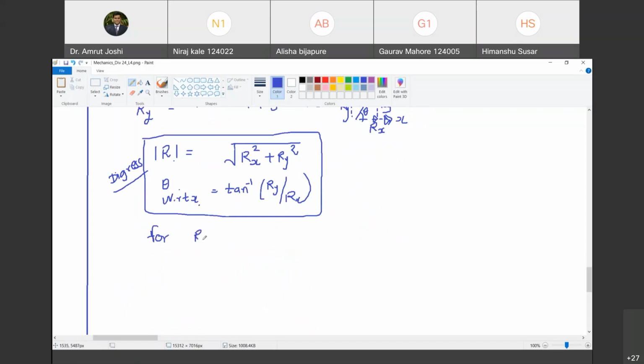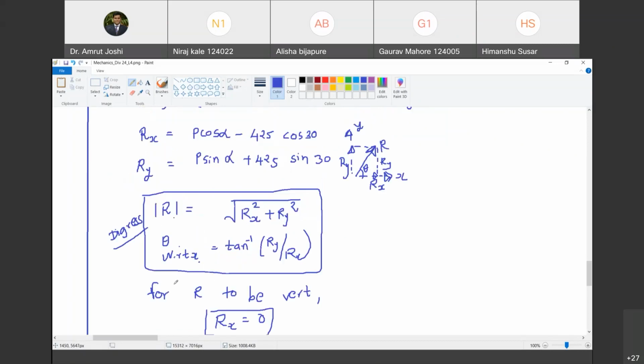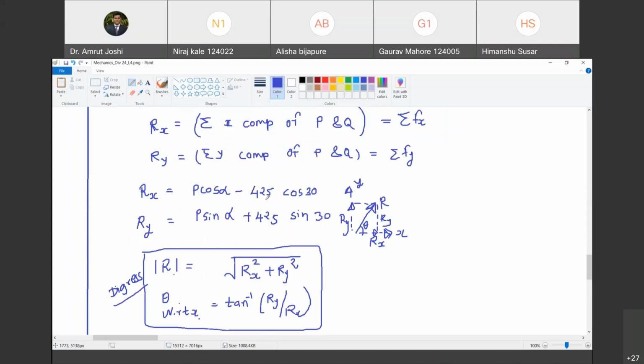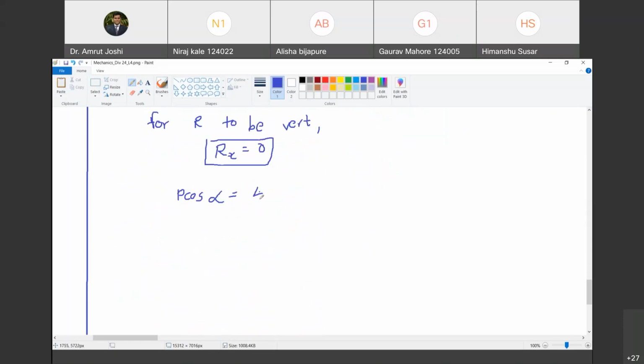For R to be vertical, Rx must systematically vanish. Rx must be 0. Happy? Yes, sir. Now equate this Rx to 0 and you will get one equation. P cos alpha is equal to 425 cos 30. Happy? Yes.